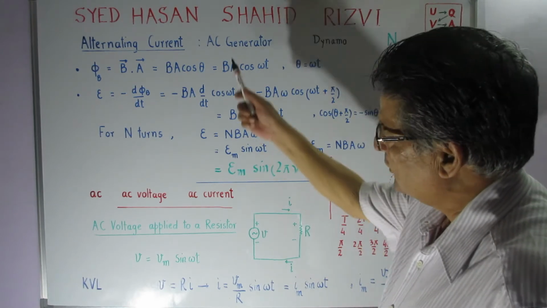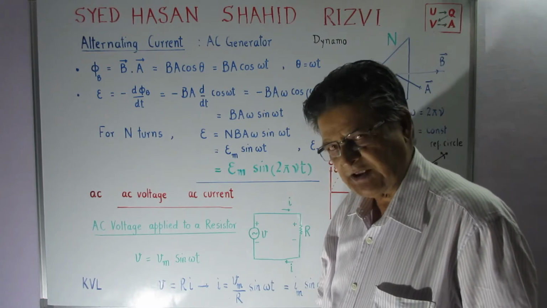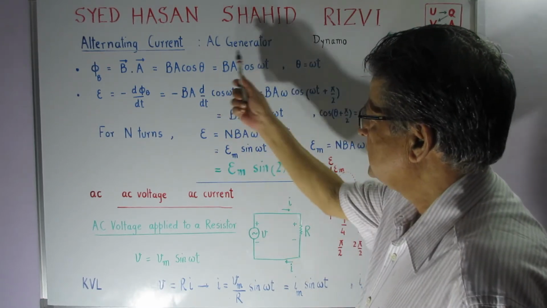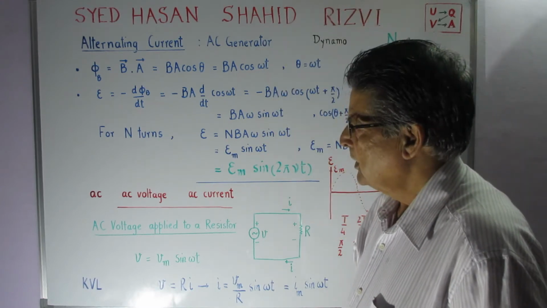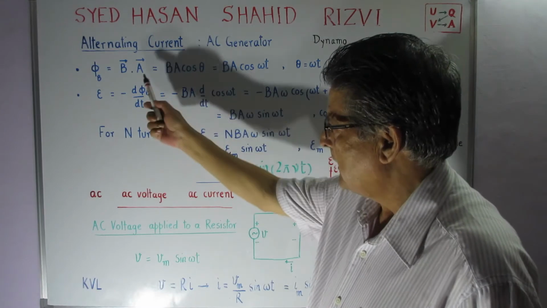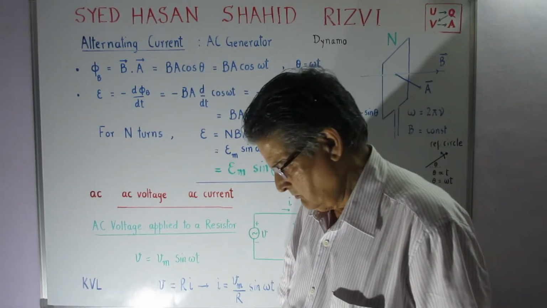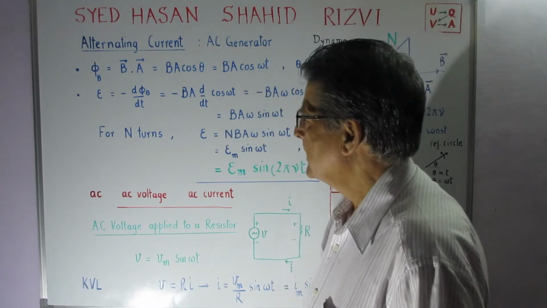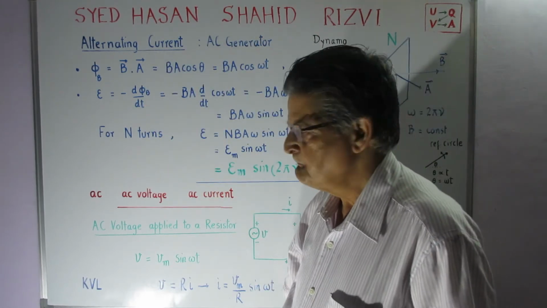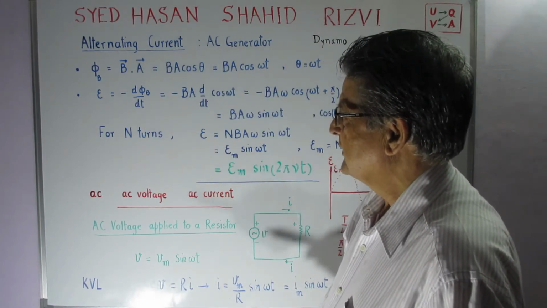and let us look into the basic theory about the AC generator. We know that the flux through a coil due to a magnetic field is given as B dot A, which is a scalar.